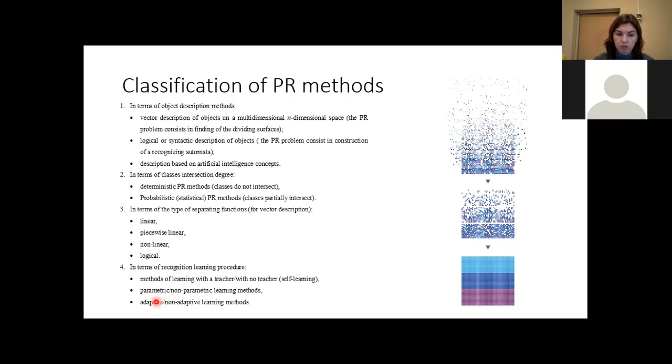Also, we may divide methods into parametric or non-parametric learning methods. We will talk about non-parametric methods later, and we will also explain the difference between these two groups. In parametric methods, you work with something based on mean value, standard deviation, or other statistical parameters. So you estimate the parameters of your distribution. But in non-parametric methods, you don't estimate all of this stuff.